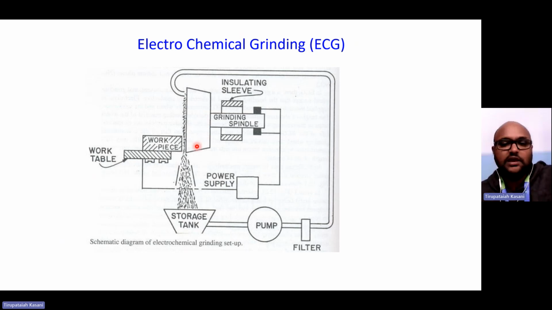That is the reason why 90% of the workpiece material is removed due to this electrolytic medium and only 10% by the grinding wheel action. In electrochemical machining, we know using the grinding wheel we are improving the material removal rate further. That is the reason why we are calling this electrochemical grinding.